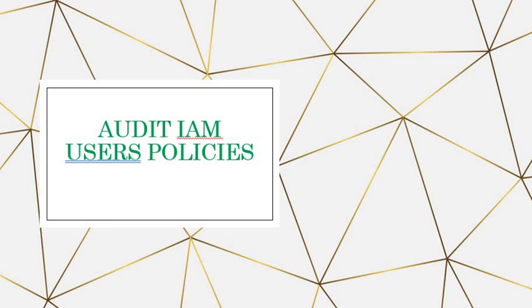Next point is audit IAM users policies. Be sure that IAM users have the most restrictive policies possible, with only enough permission to allow them to complete their intended task.